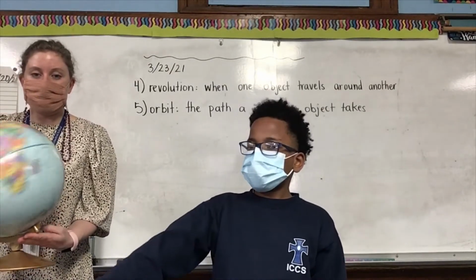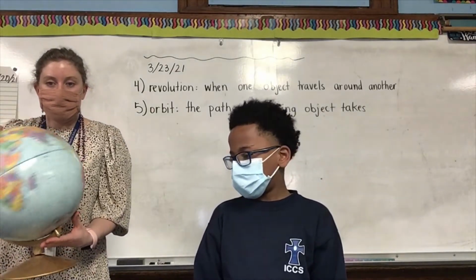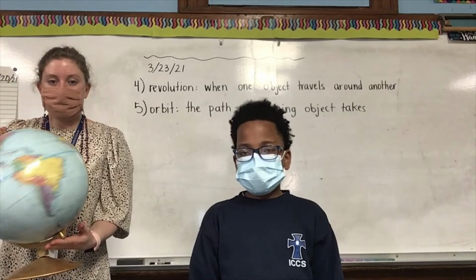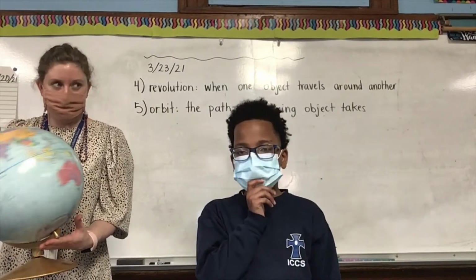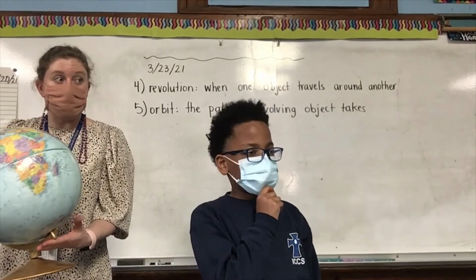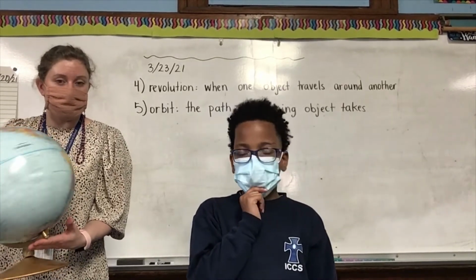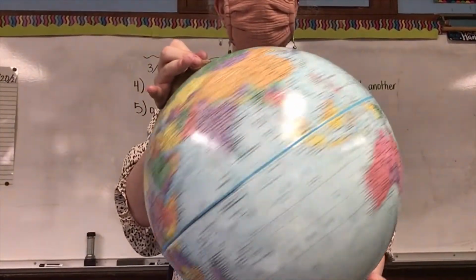What season is it right now in the southern hemisphere? It's summer. Why is it summer? Because the southern is closer to the sun. The bottom of the earth, the southern hemisphere, is closer to the sun. Right now.